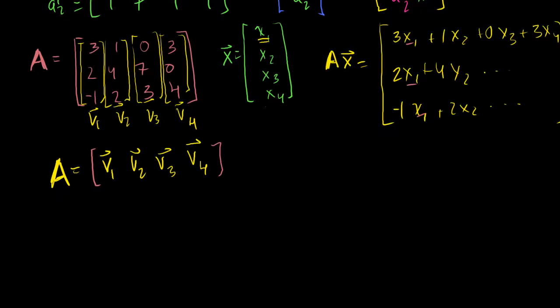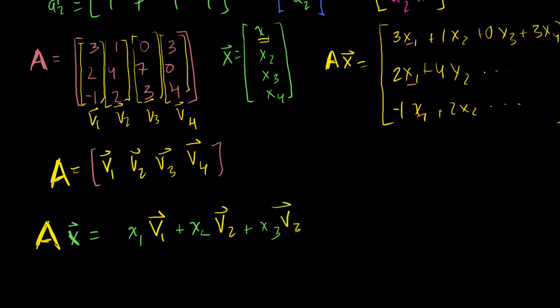So we can rewrite A times x as being equal to the scalar x1 times the vector v1 plus the scalar x2 times the vector v2 plus x3 times the vector v3 plus the scalar x4 times the vector v4.